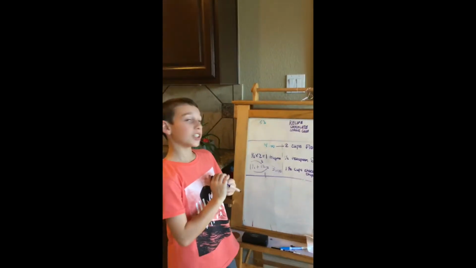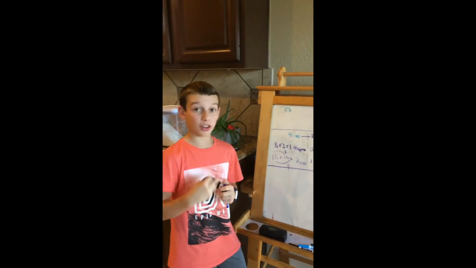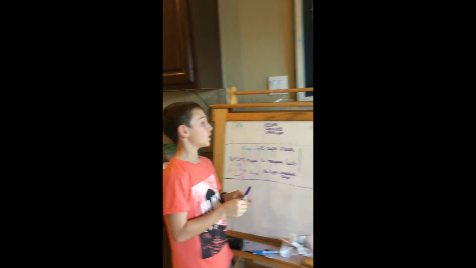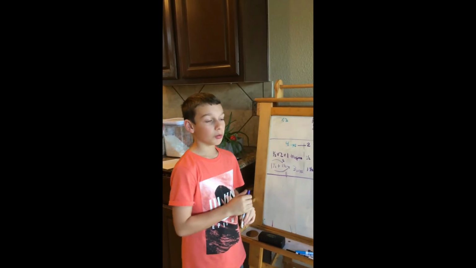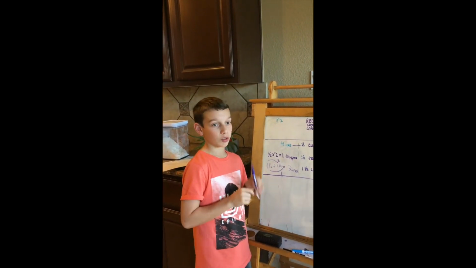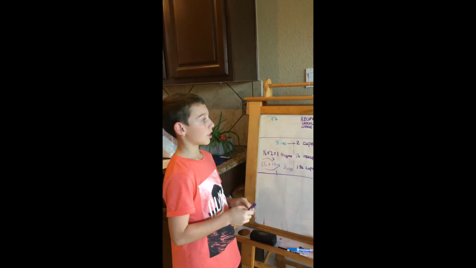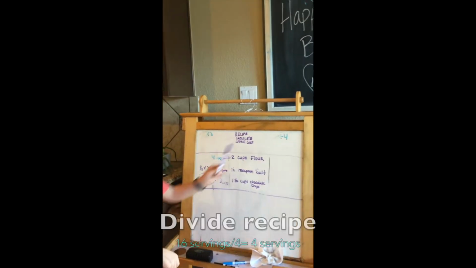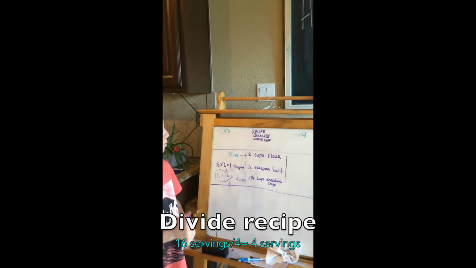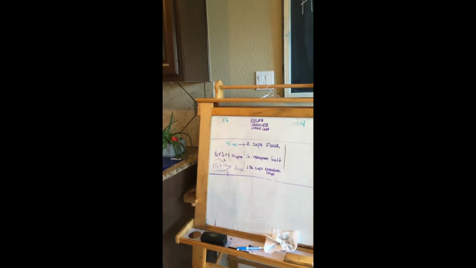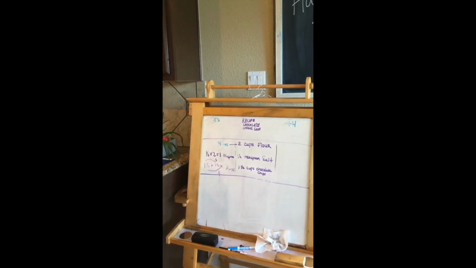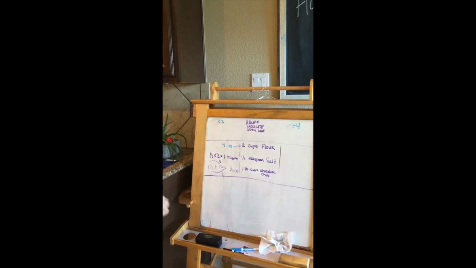Okay, so say you're at a sleepover with 3 other friends, and your mom doesn't want any leftovers of what you're baking. So that's what you'll do, divide by 4. You will divide the original recipe by 4. So 2 cups of flour divided by 4.